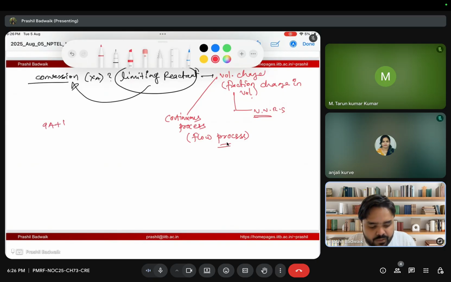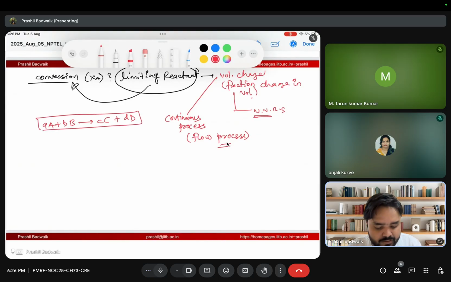A plus B gives you C plus D. Now looking at this reaction, you will see this is a toy problem, but this is what we use in real life. Okay, for example, I want to bake a cookie.